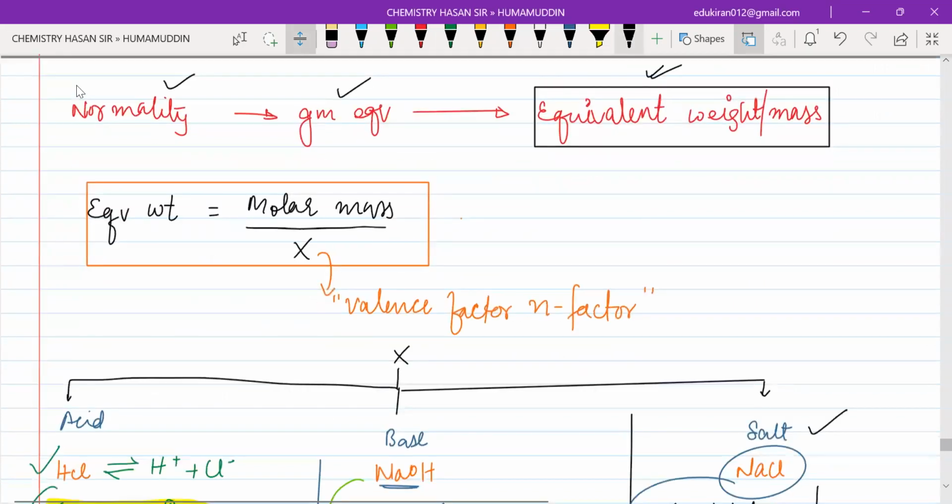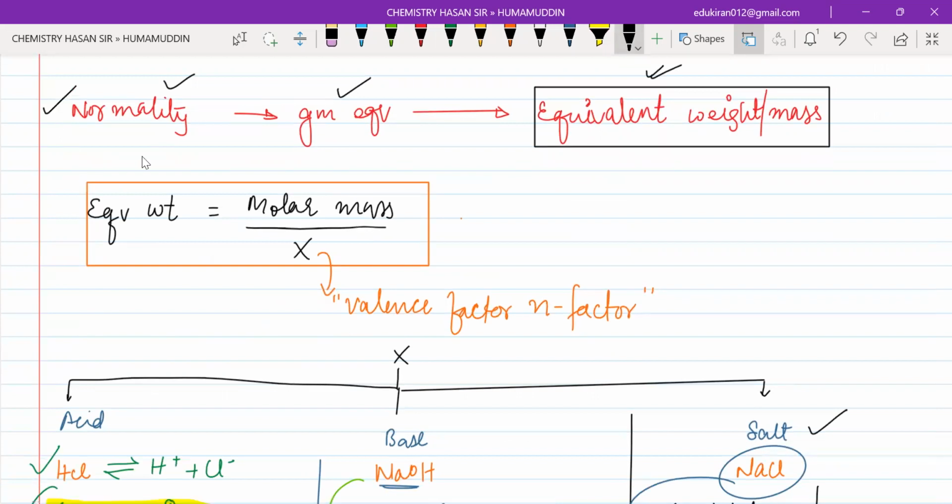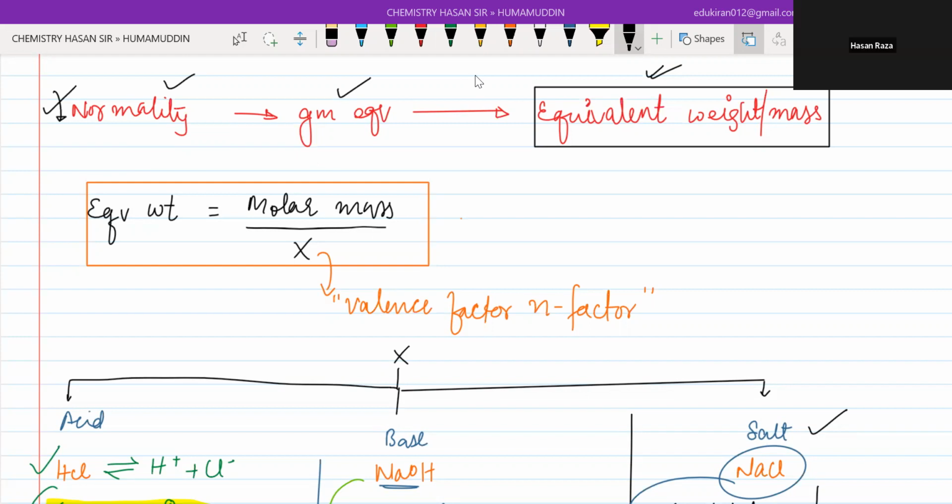Okay, see, normality is a concentration term in which we express solute or solvent. Now, before normality, you have to understand gram equivalent.